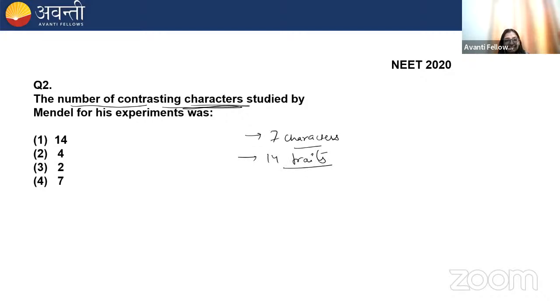So the number of contrasting characters studied by Mendel for his experiment is 7.